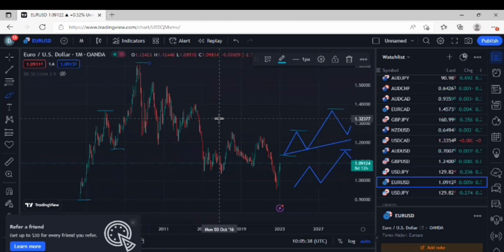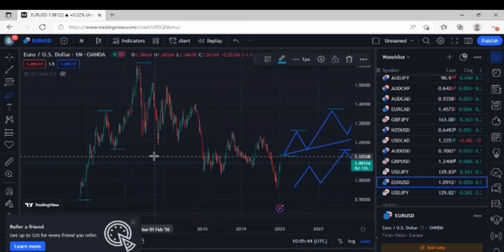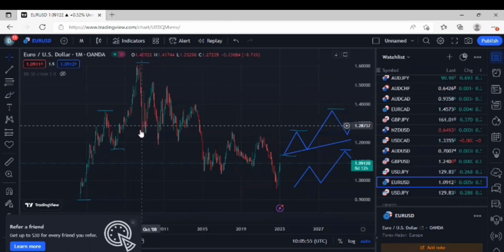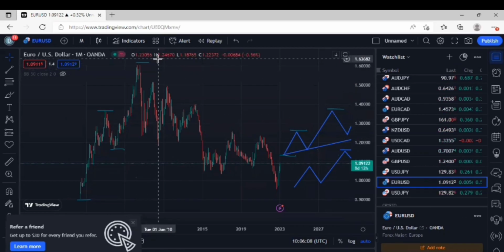Before you can say this trend has changed, there must be a break of structure to the lower side. Like for example, when this market reached this place, when it created this lower low here, and it got to this place, it couldn't break this structure to create a new high.